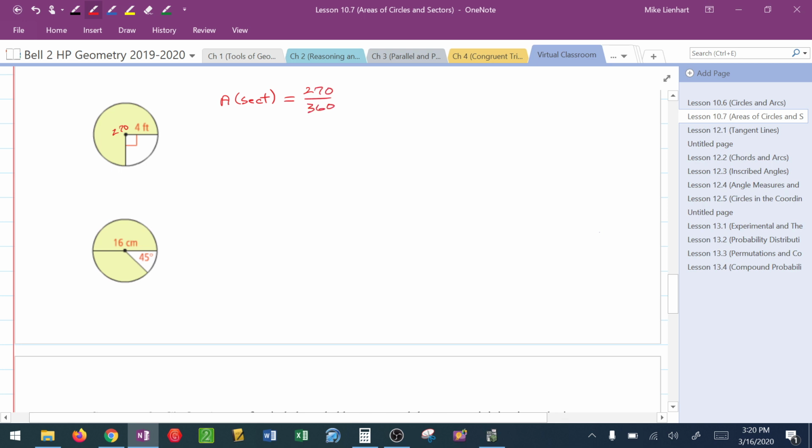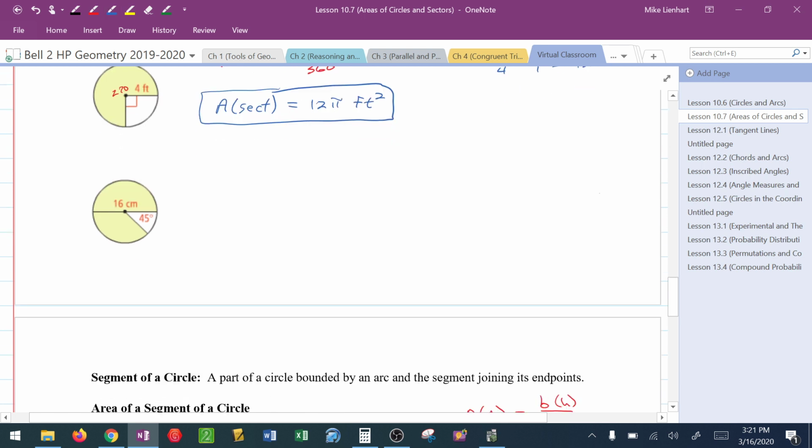They give us the radius here, so it's times pi times the radius squared, or 4 squared, or 16 you can put there as well. Let's do this one by hand. So 270 out of 360, that would be 3/4 times 16 over 1, which would be 12. 3 times 16 is 48. 48 divided by 4 is 12. So this would be 12 pi square feet.